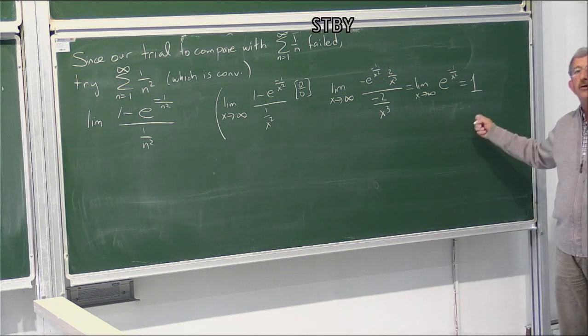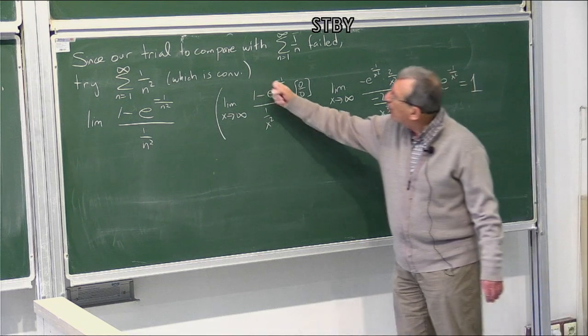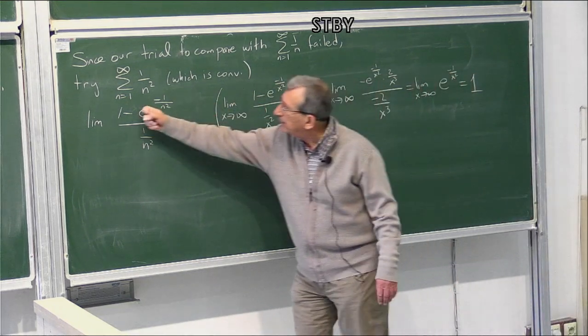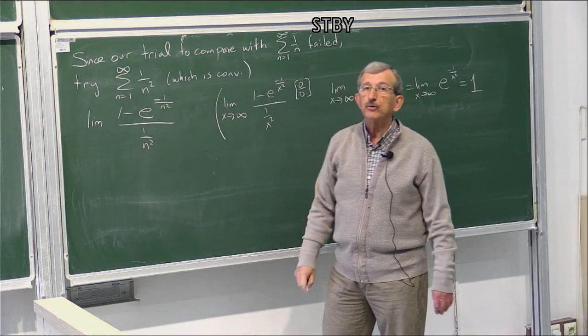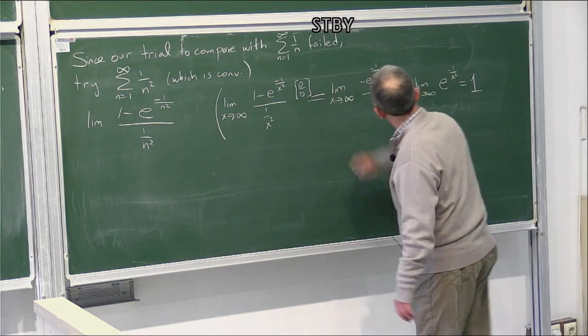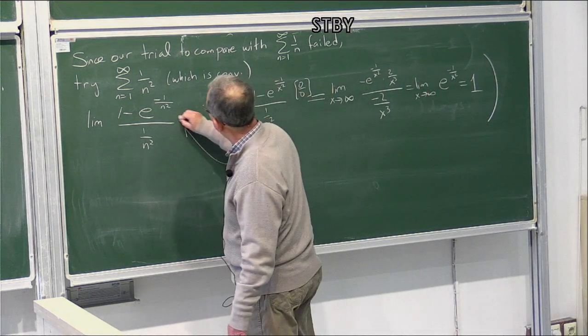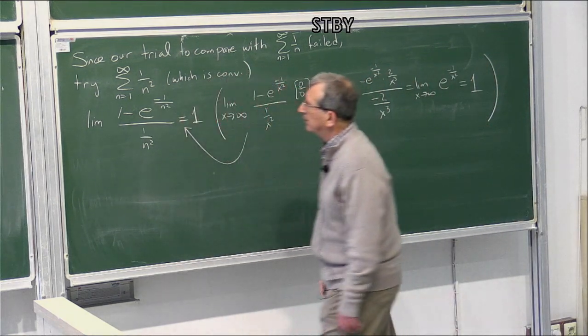Now, 1 is good, because it tells us, okay, that both series here converge or diverge together. So, by L'Hopital's rule, this is 1, and so this is 1.